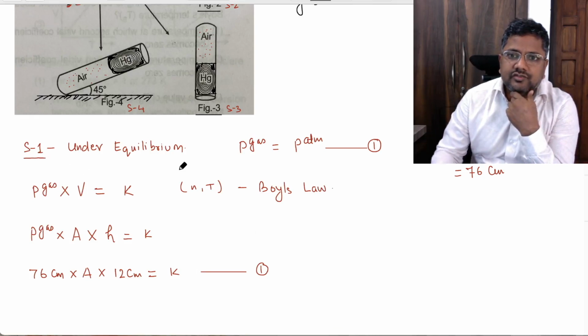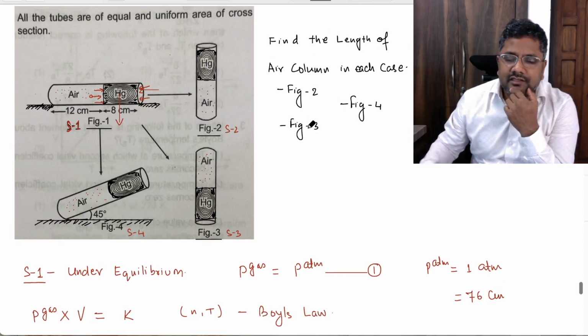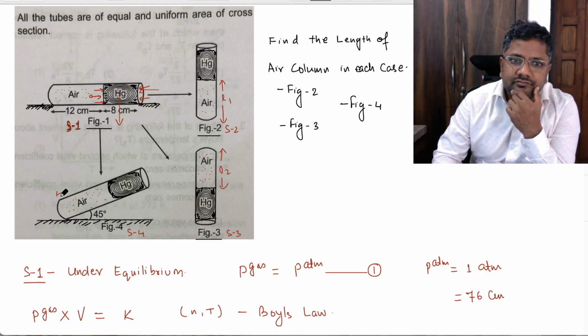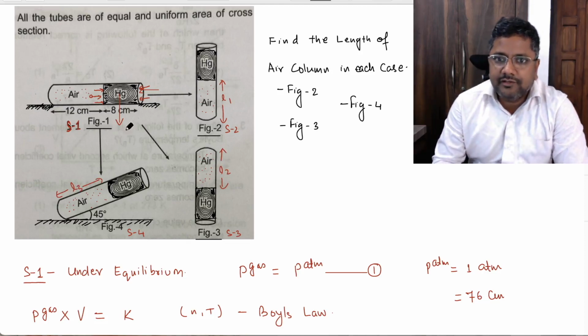So this is under state 1. So I am calculating here, find the length of air column. You have to find this length, this L1, this is L2, L3, right? And here this is given 12 centimeter. Okay.